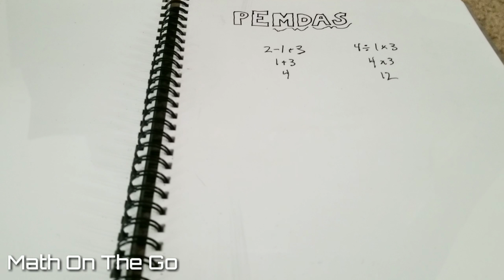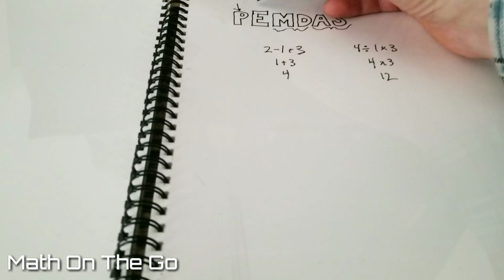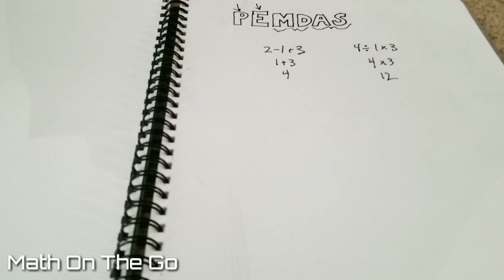You must remember to work left to right when it comes down to that. But also remember that parentheses always happen first, and exponents always happen second. Those two will always be your first and second things to do in a problem.